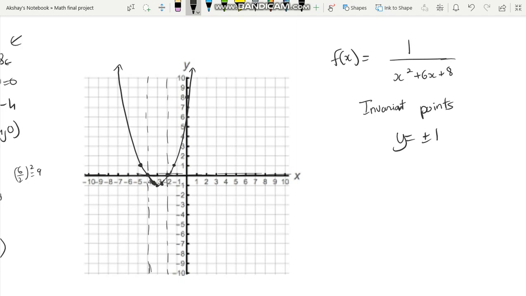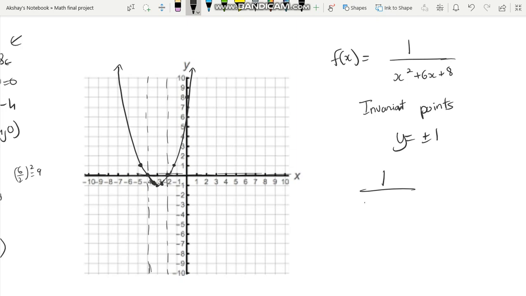After all these points are taken, one thing that we know is as my y value keeps getting bigger, my graph keeps getting closer and closer to my asymptotes. As my y keeps getting bigger, 1, 2, 3, 4, 5, 6, 7, 8, and as my x keeps getting bigger, it gets closer to my asymptotes. Let's say I want to graph x is equal to 1.